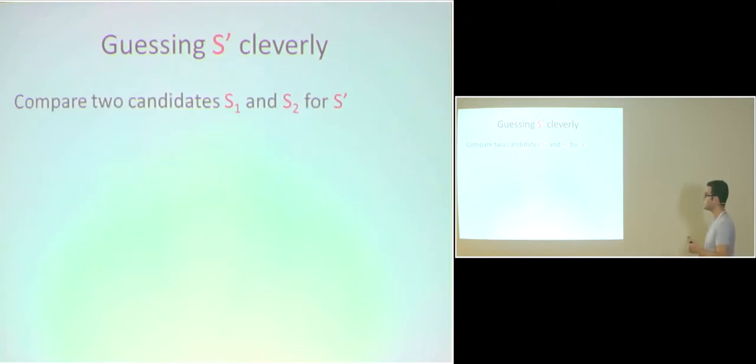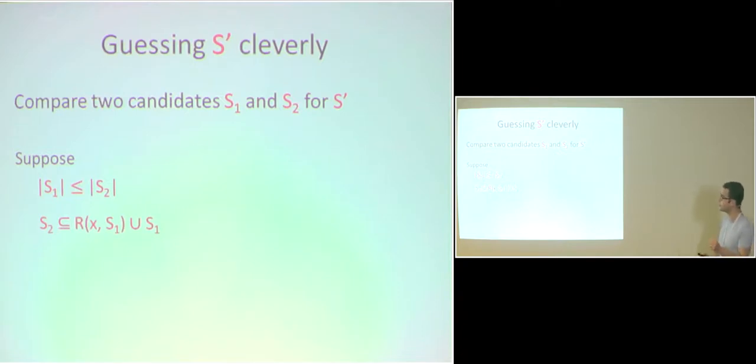So how do you do this? Let's compare two candidates for separators, S1 and S2. Suppose that S1 is at most as big as S2, so deleting S1 costs at most the same as it costs to delete S2. And furthermore, S2 is in the reach of X after I delete S1, or in S1.